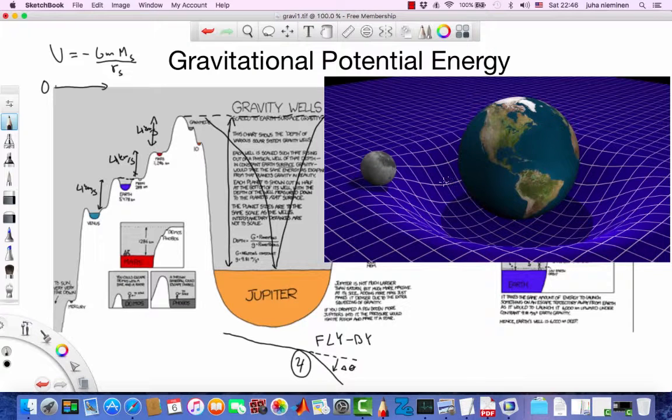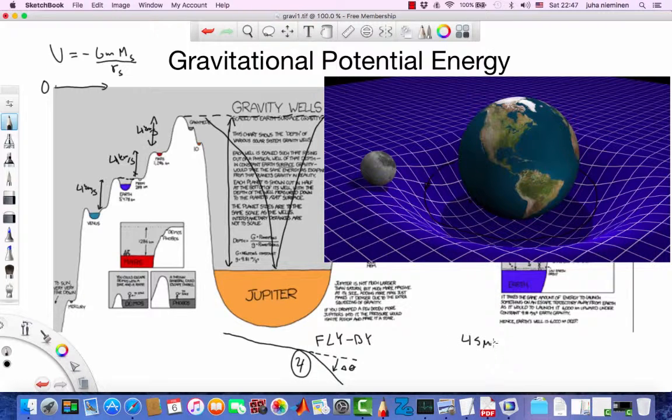Let's say they are circling Earth somewhere around here, they are in a different location on the time-space fabric than we on the surface of the Earth are. In fact, the deeper we are in the well, the slower time runs, according to Einstein's theory. So for the satellites that are whistling further away, time ticks faster.